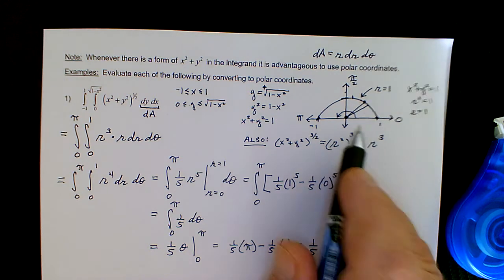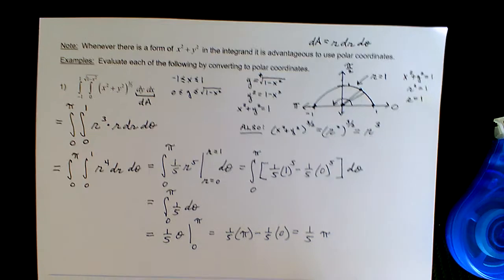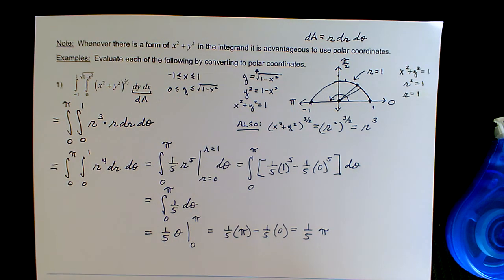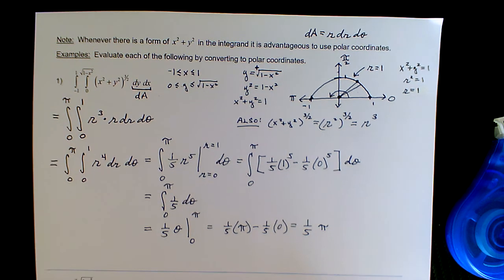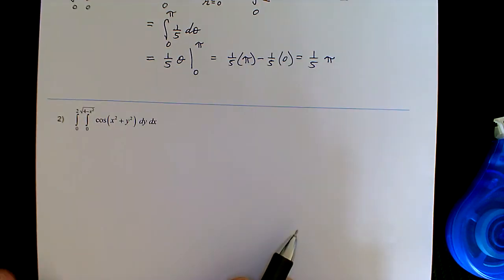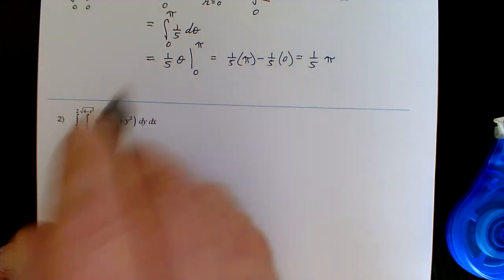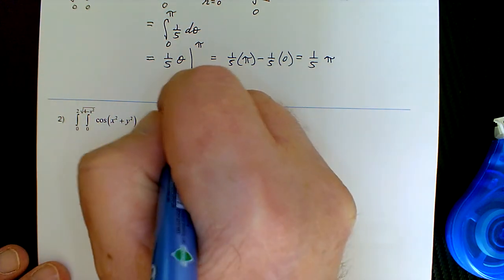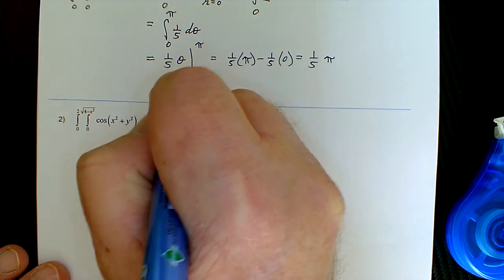Okay, so the key is drawing the picture and making sure we set up the polar integral correctly. Okay, so another chance here to illustrate the situation. Now, x again is the outer, that's ranging from 0 to 2.